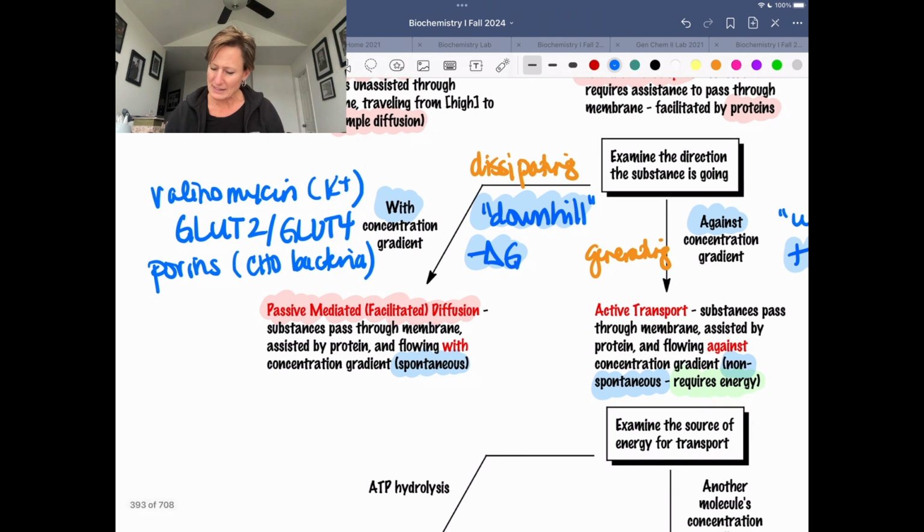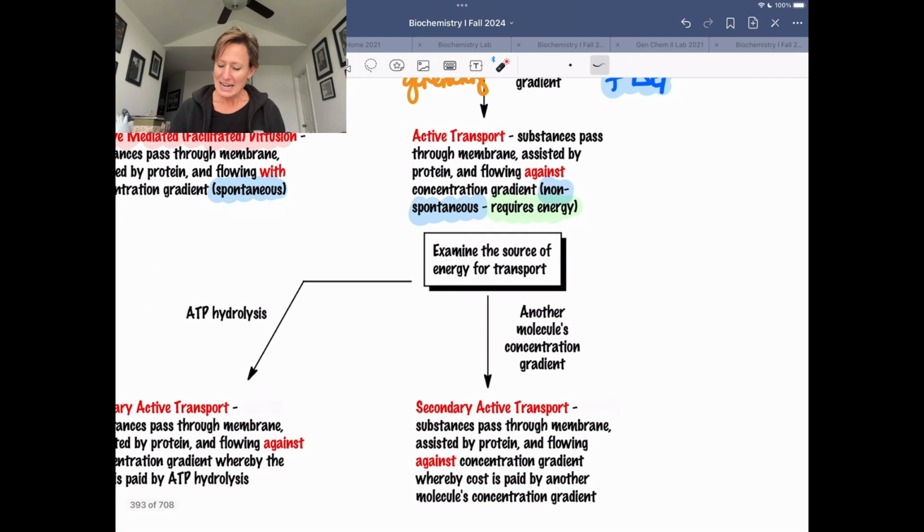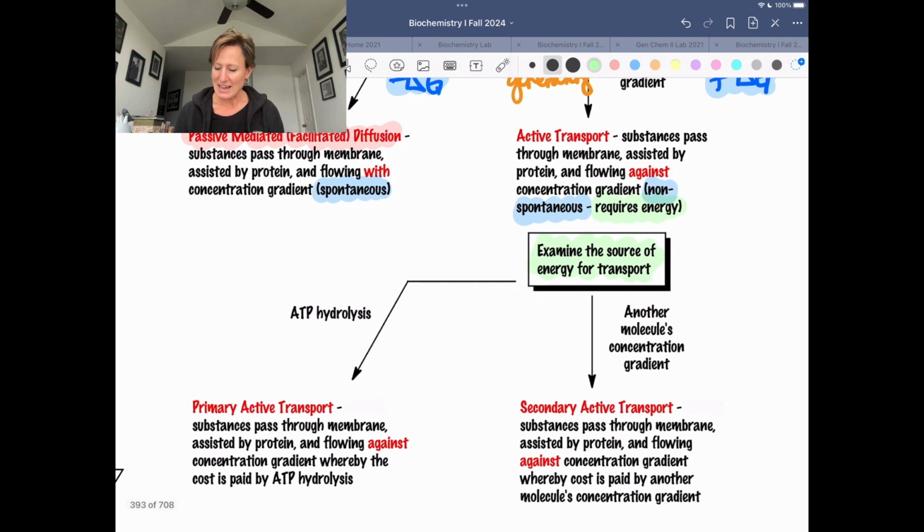All right, let's go over on the other side here and highlight. I'm not going to give any examples yet because it is really not fully correct to say that the transport mechanism is active transport, right? Active transport requires energy. Where we have this final delineation is asking, well, what is the source of energy? We know that it requires energy to go uphill, so where do you get that energy?